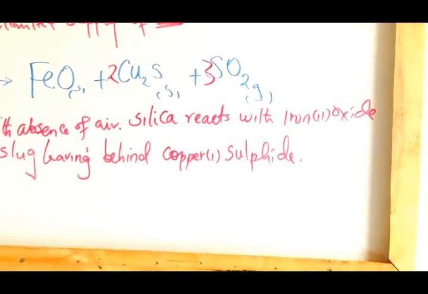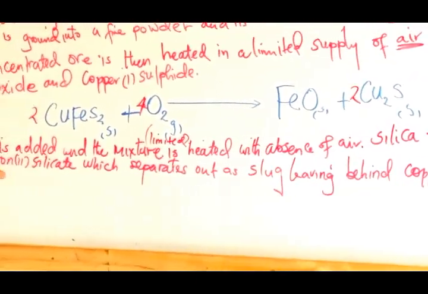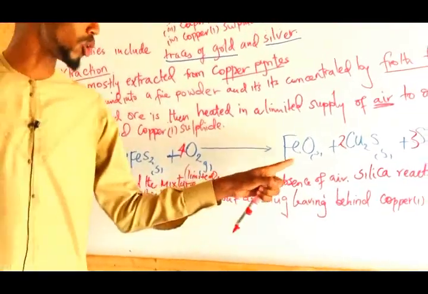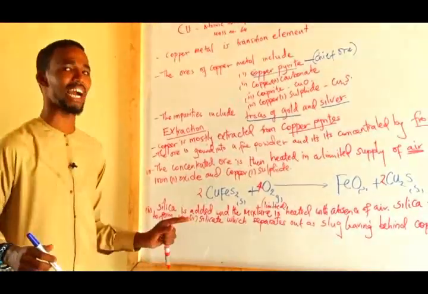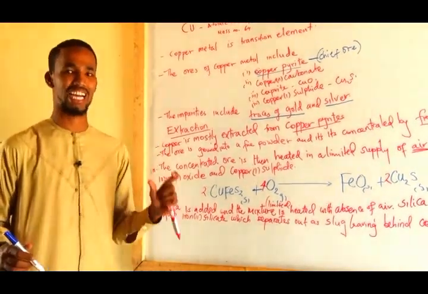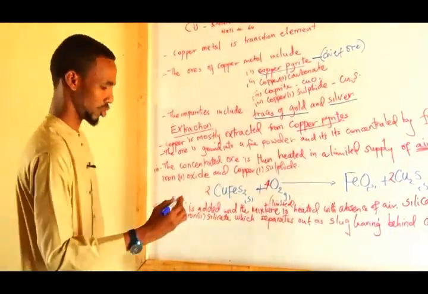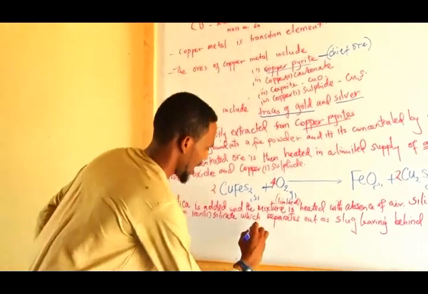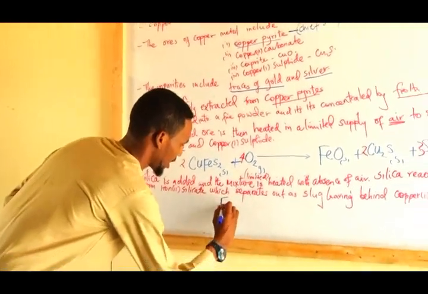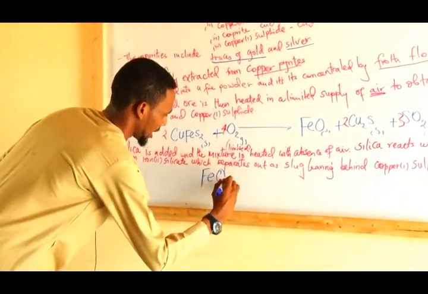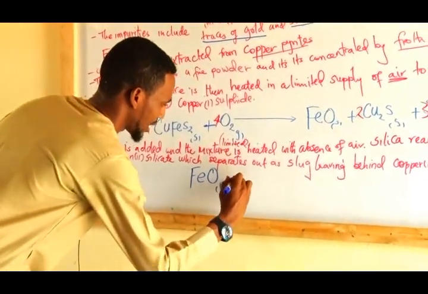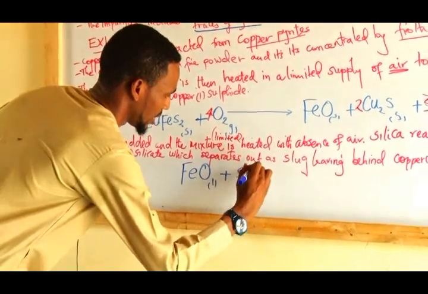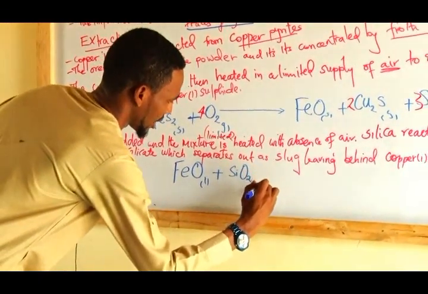So stage number 2 is now whereby the iron 2 oxide that has already been formed will react with the silica and you form a slag. So let's write the equation. Iron 2 oxide will react with the silica, which is silicon 4 oxide.